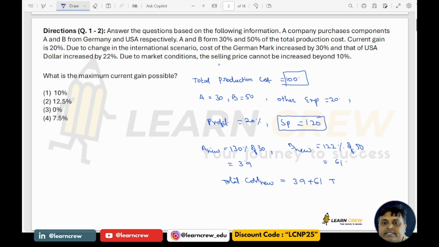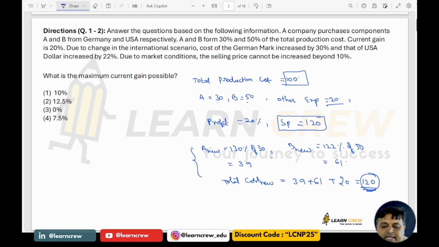Now A and B initially are 30 and 50. Because of the market scenario, the new prices of these components A and B are 39 and 61, but the other expenses remain the same, 20. So total new cost is how much? 120.